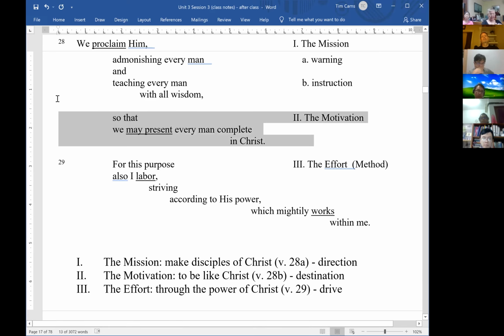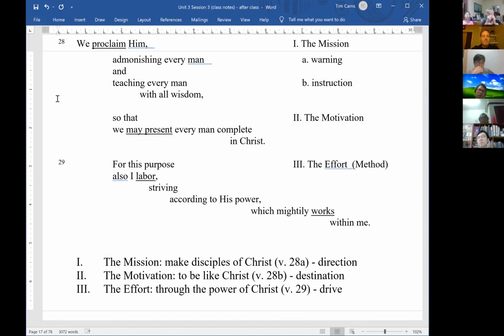Am I doing it ultimately so that those that I am teaching or shepherding become more like Jesus? Is that my goal? Is that your goal? That's a really important question to ask ourselves. I appreciate that you brought it up, Paul.